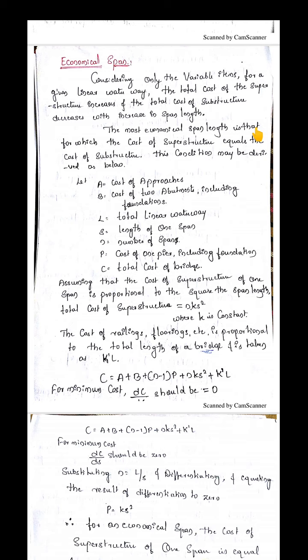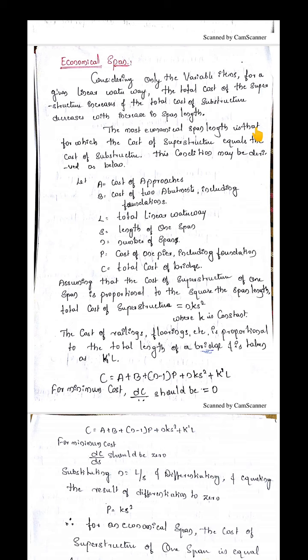Now, economical span. When you call it an economical span, considering only the variable items for a given linear waterway, the total cost of the superstructure increases and the total cost of the substructure decreases with an increase in the span length.